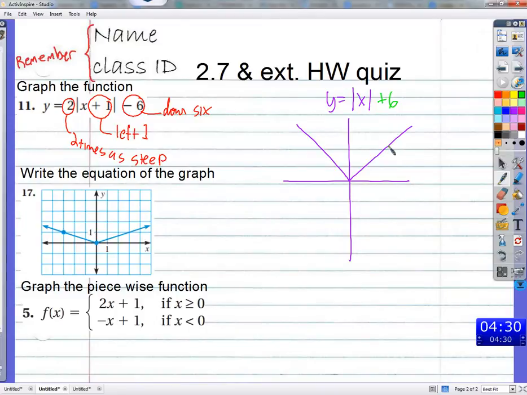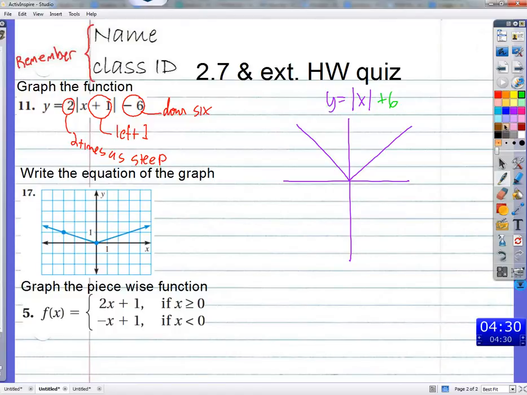So if we add 6 after we do the output of absolute value of x, then we go to absolute value of x, but then we go up 6 from there, right? All of these points, you would go up 6 from those, and it would shift it up 6. So that kind of makes sense. We're changing the outputs. We're making them 6 greater. Outputs are vertical because this y is vertical, and so it moves it up 6.